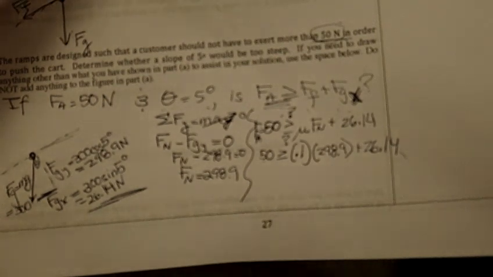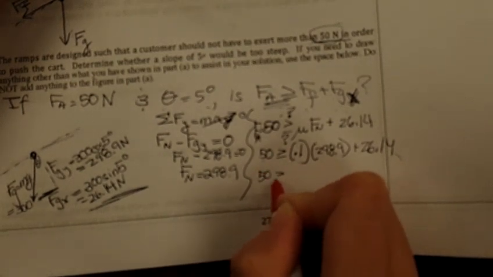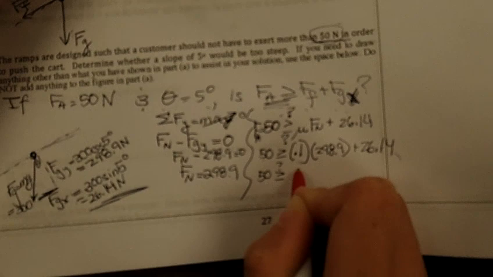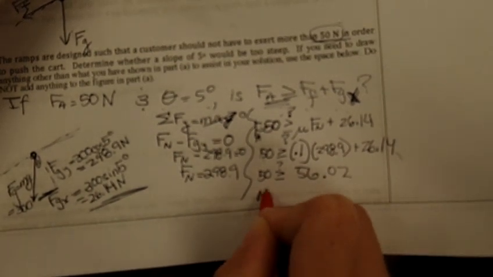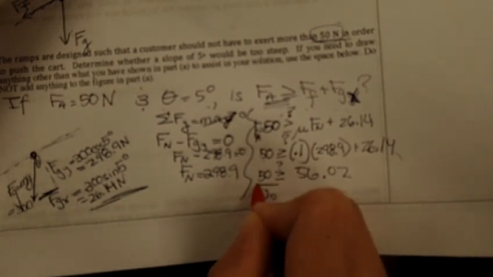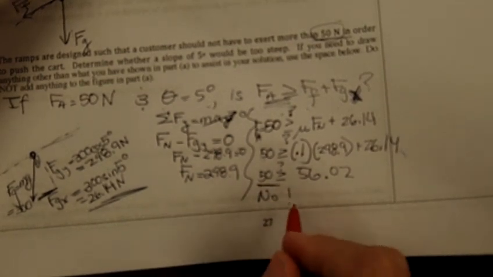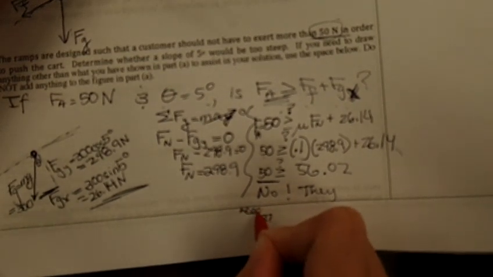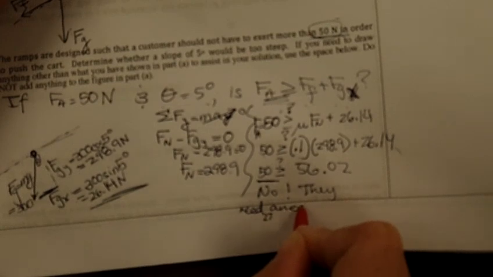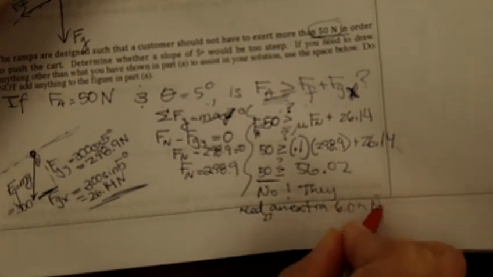And when we add those two things together, we end up with 56.02, so the answer is no. 50 is not greater than or equal to the force they need to push. They need an extra 6.02 newtons.